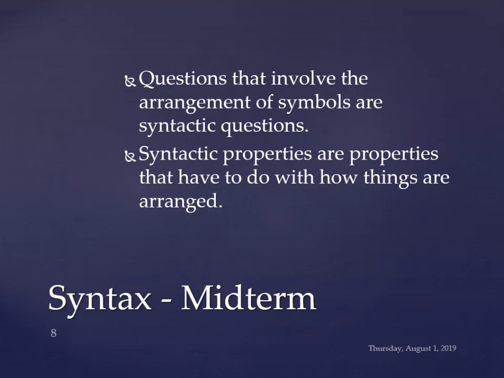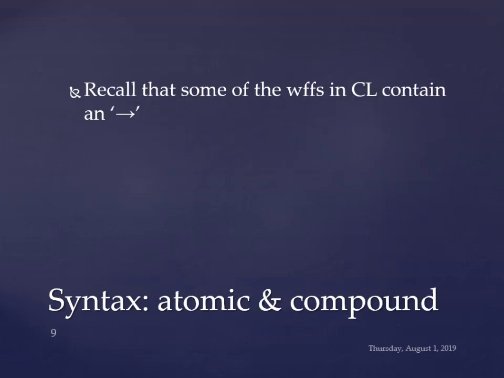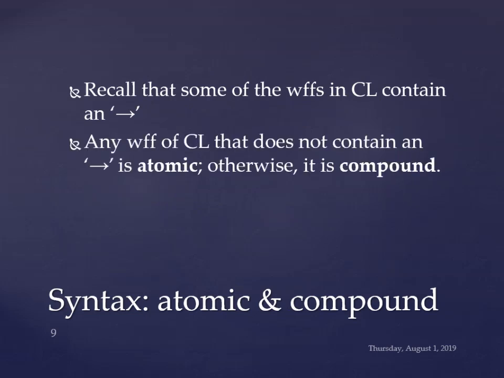Okay, so let's get into some new stuff here. Recall that some of the well-formed formulas in CL contain an arrow. So what I'm going to say here is that any well-formed formula of CL that does not contain an arrow is atomic.